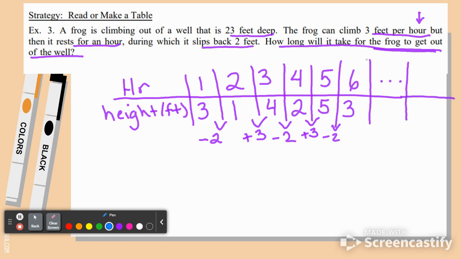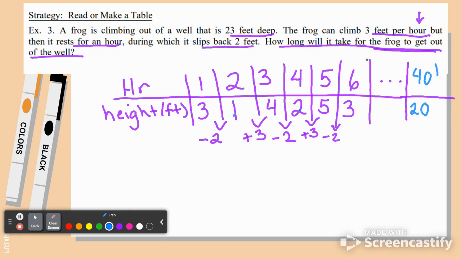What I notice is that I see a pattern going on with some of these numbers. I don't know if you guys see, but in my even numbers, I am basically counting 1, 2, 3. So if I continued that pattern and went up all the even numbers and just counted consecutively, when I get to hour 40, I will end up at 20 feet.